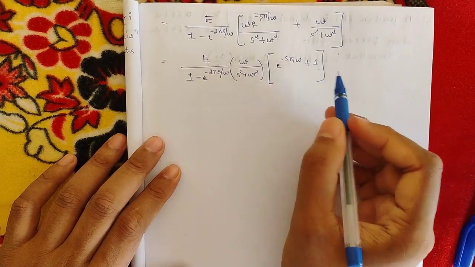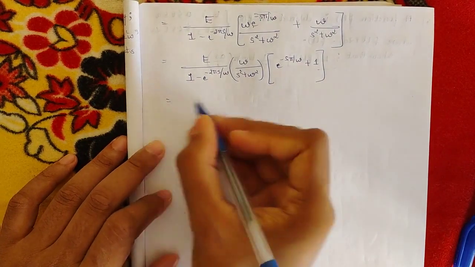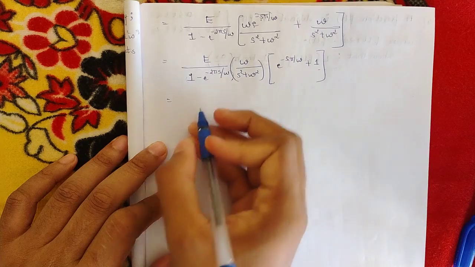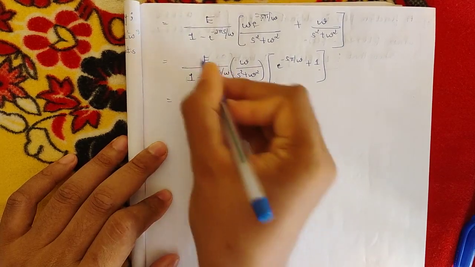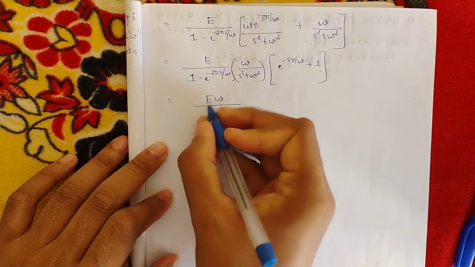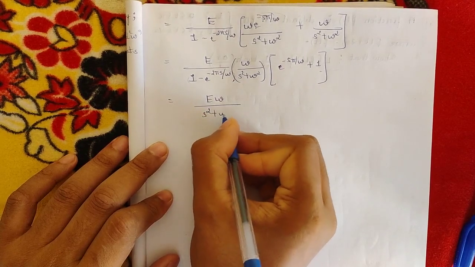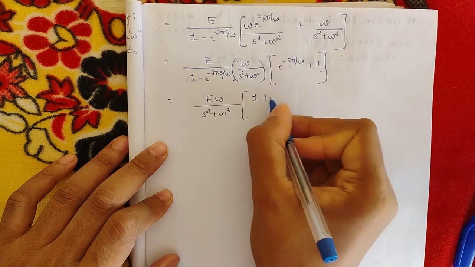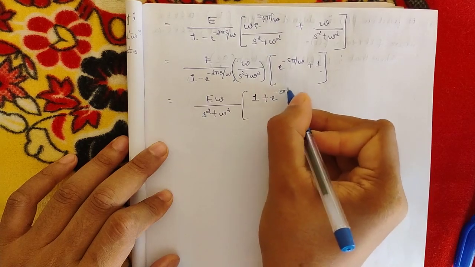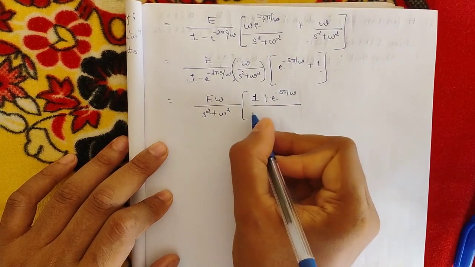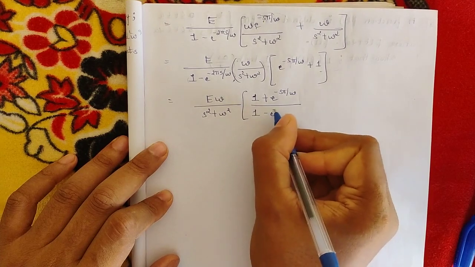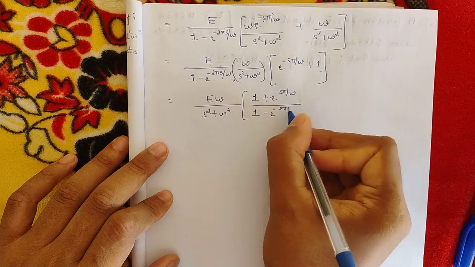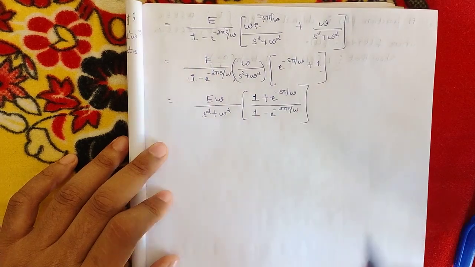So this is left in the bracket. So now what I am doing is, this term is there, right? This I am sending back in the bracket. That is e omega divided by s square plus omega square into 1 plus e to the power minus s pi by omega divided by 1 minus e to the power minus 2 pi s by omega.